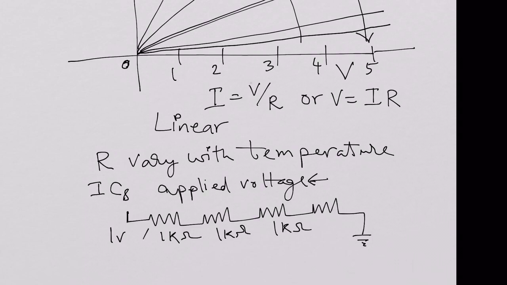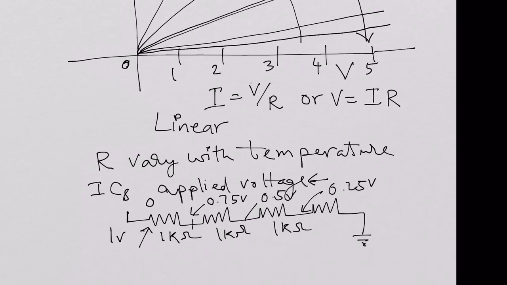So this resistor drops 0.25 volts. So here the voltage would be 0.75 volts, then it would be 0.5 volts here, because all are equal resistors, 0.25 volts here.